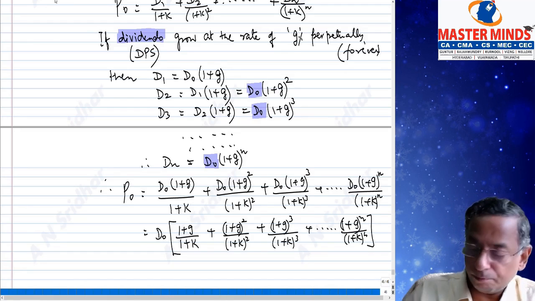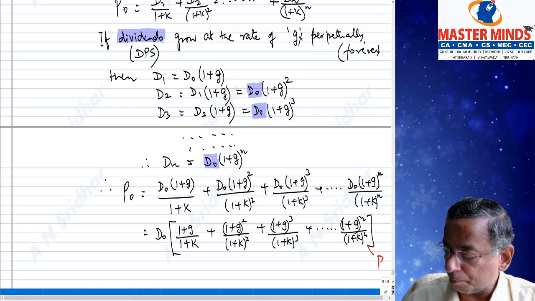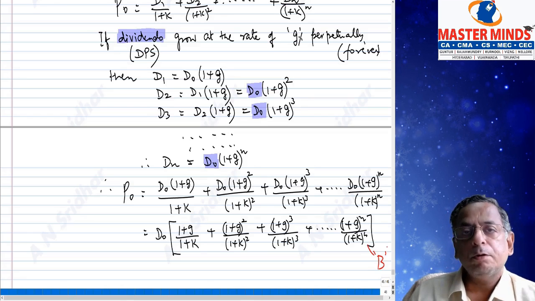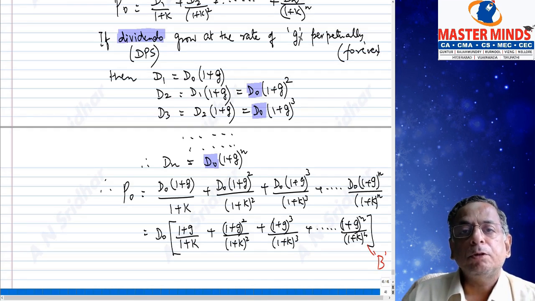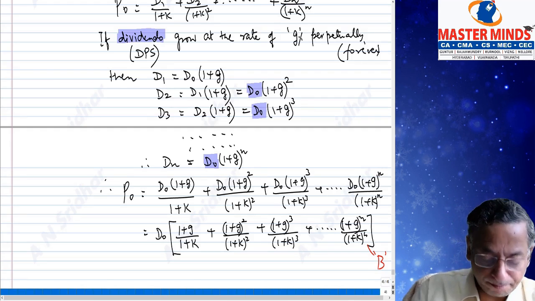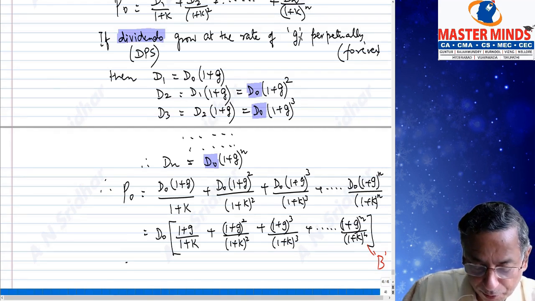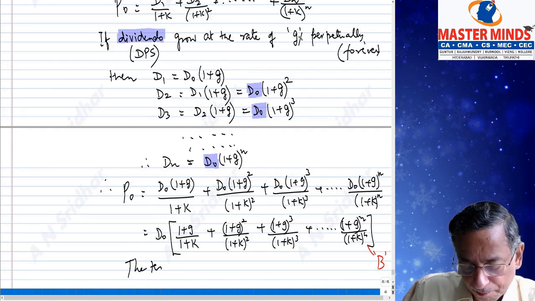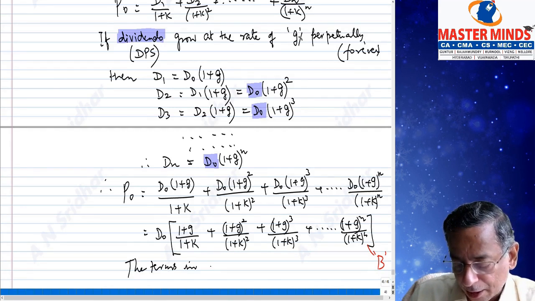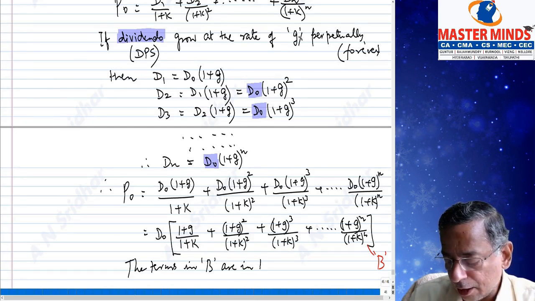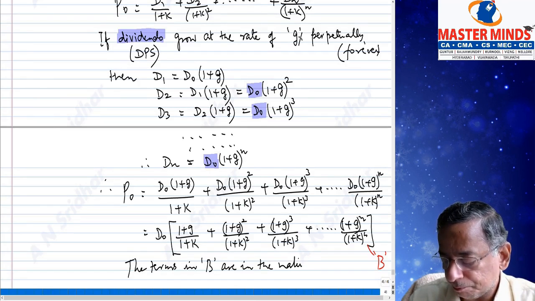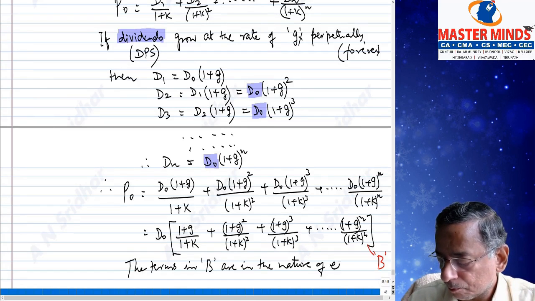Now see this bracketed term b. This is also in the nature of geometric series. The terms in bracket b are in the nature of geometric series.